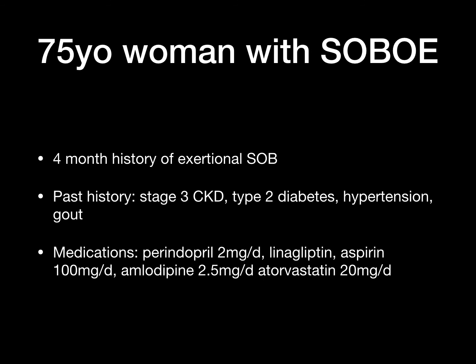Now with a left bundle branch block, exercise testing is difficult to interpret because the ECG is hard to interpret and you get abnormal movement of the myocardial septum during left bundle branch block, making imaging with echocardiography difficult. So a pharmacologic nuclear perfusion study is probably the most appropriate test to look for ischemia as a cause of shortness of breath in this clinical scenario.